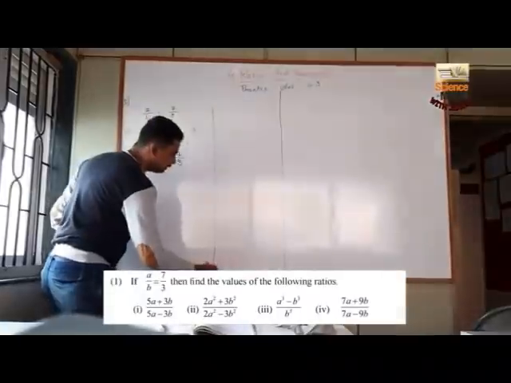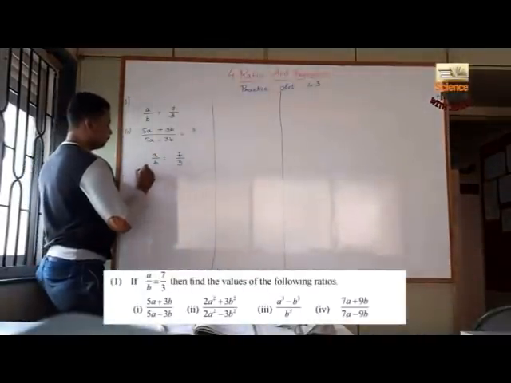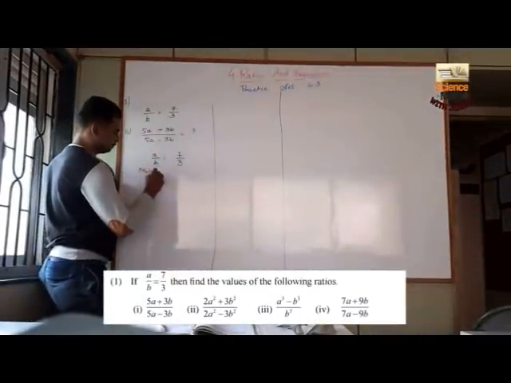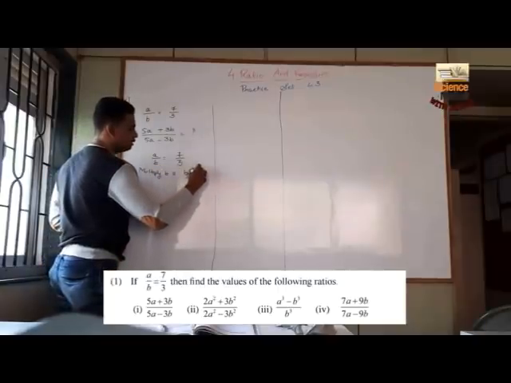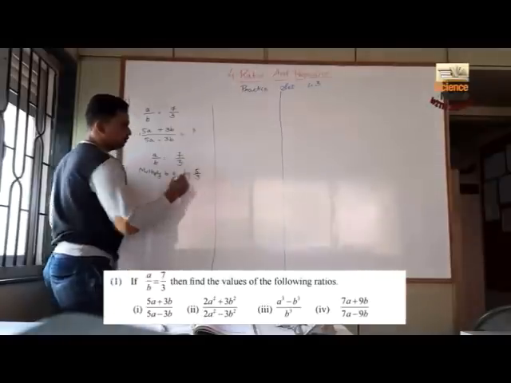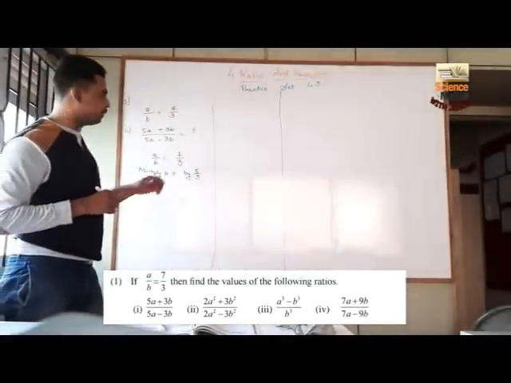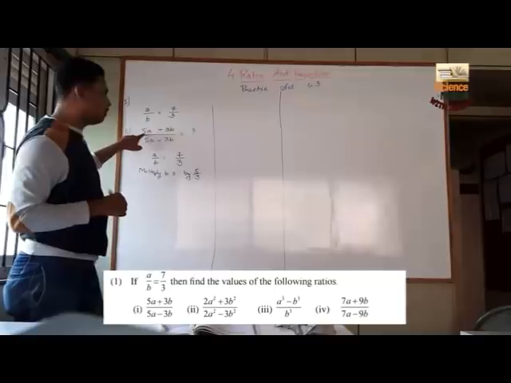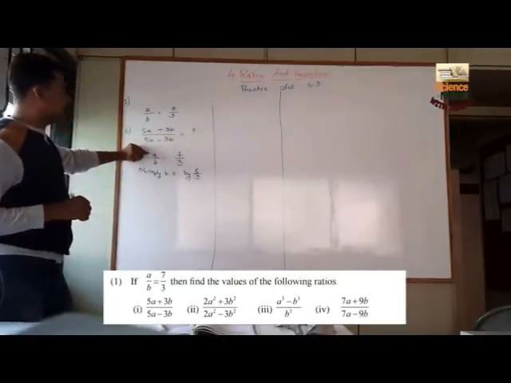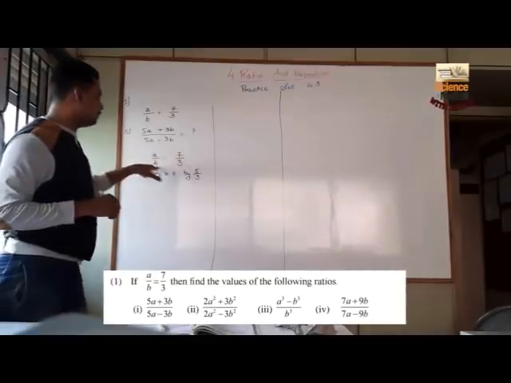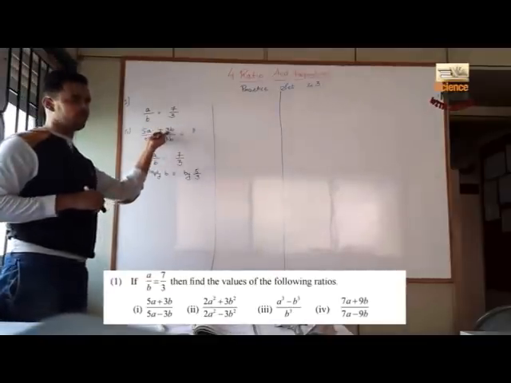So now what I will do is I will multiply both sides by 5 upon 3. Why did I multiply both sides by 5 upon 3? You can see a has the number 5 and b has the number 3. So if I multiply a by 5, I get 5a, and if I multiply b by 3, I get 3b, which is what I require.